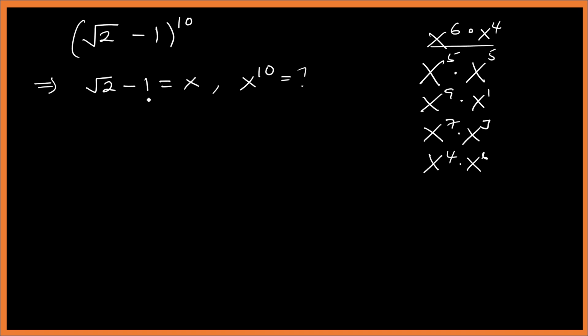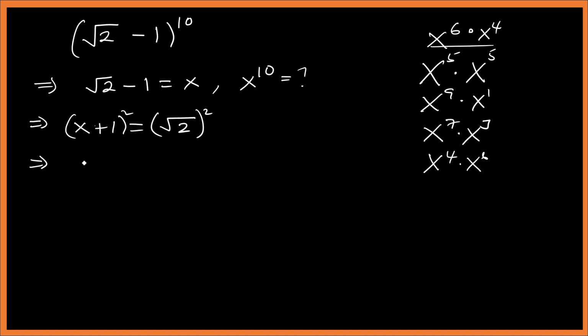So let's go ahead. What we are going to do is to write this one as x. Let's send the minus 1 to this side, so it will be x plus 1 equals root 2. Let's square both sides to get rid of the root sign.